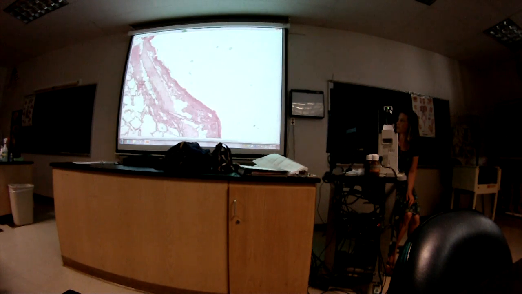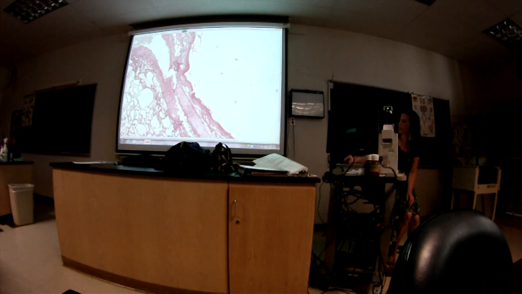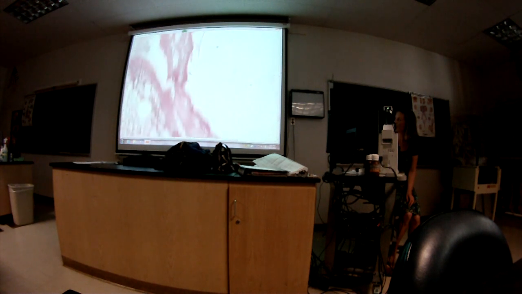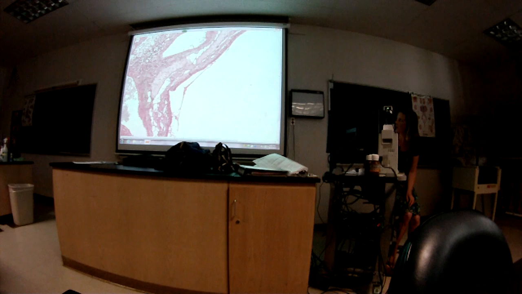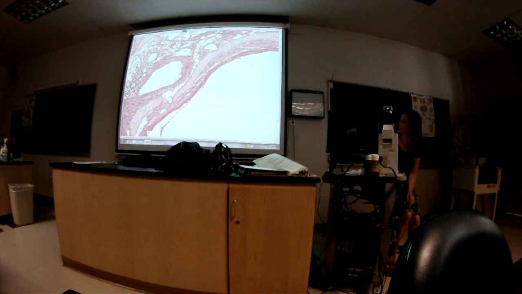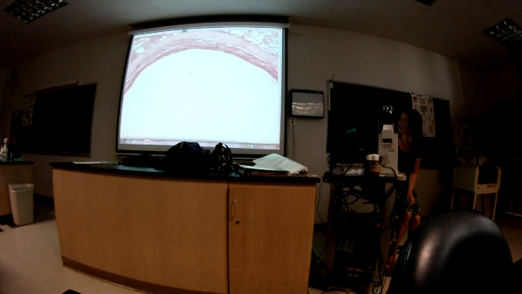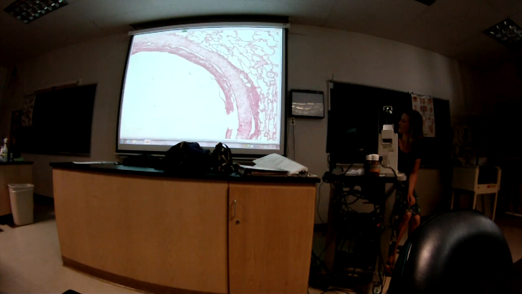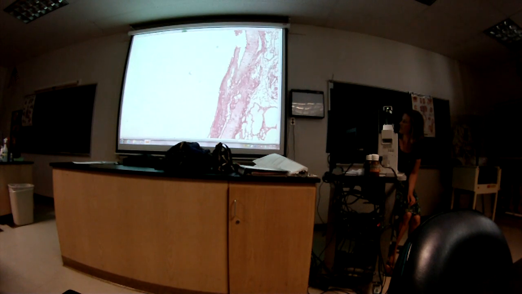Do you see the hyaline cartilage? Yeah. So what is this organ? The bronchus. That's the bronchus. Yeah, the smooth muscle is there. It's a little closer to the lumen. It's not as visible as on that last slide, depending on the dye. Sometimes the smooth muscle blends in. Yeah, point out the smooth muscle on that one.